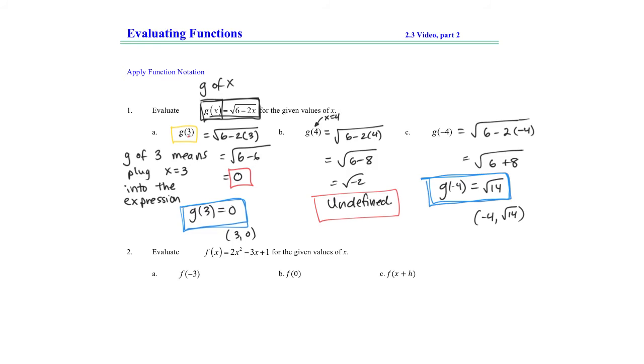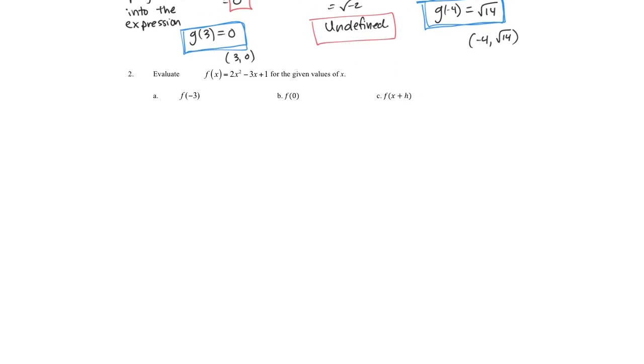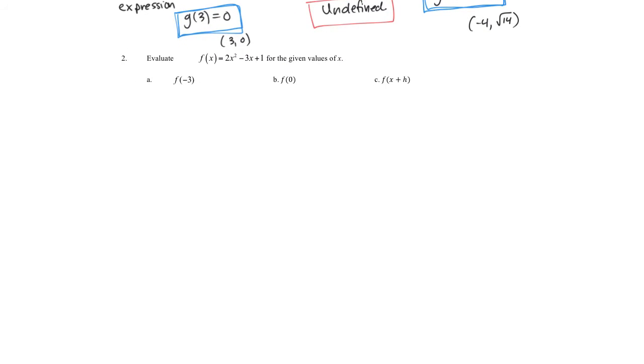Okay, let's try another one. So here I need to look for an equation named f, and here it is. Okay, so f of negative 3, that means go to that function of f, copy it down, but every time you see an x, replace it with negative 3. So here we go. And now we need to simplify our expression.